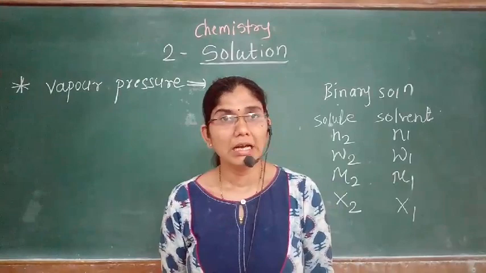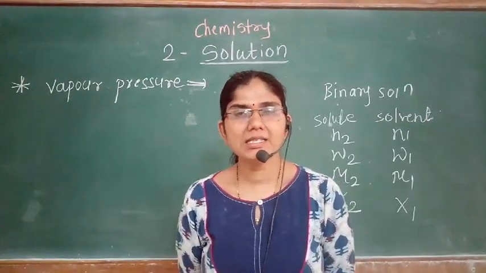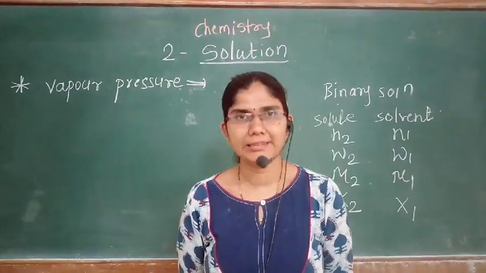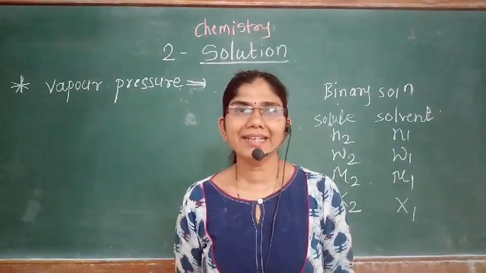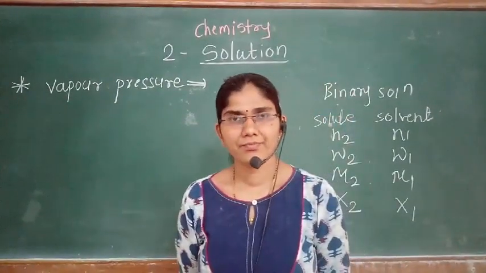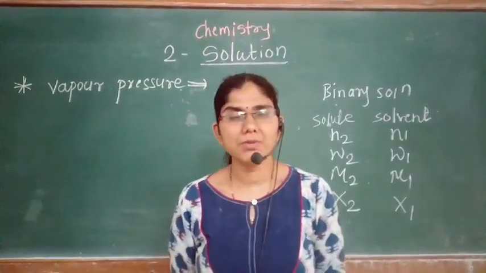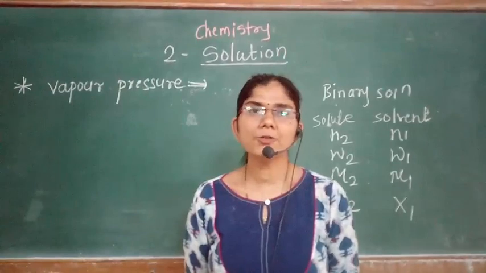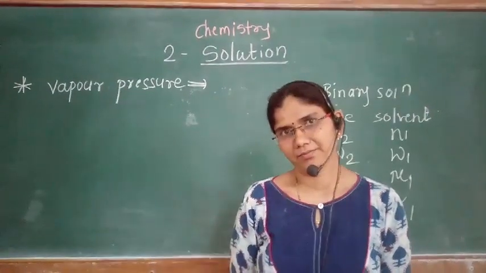All the liquids possess a property of volatility, and volatility is a tendency to go into the vapor state. And as we know, the vapor state of a substance is also called the gaseous state.